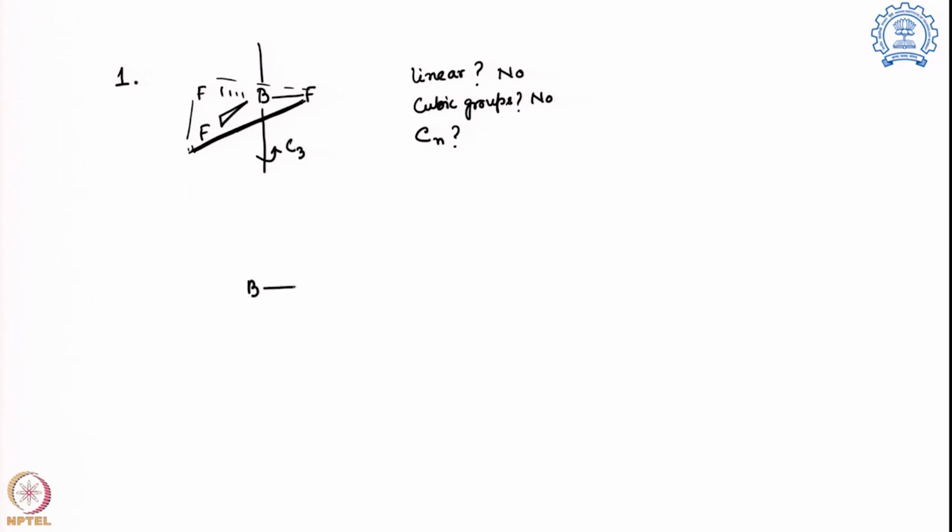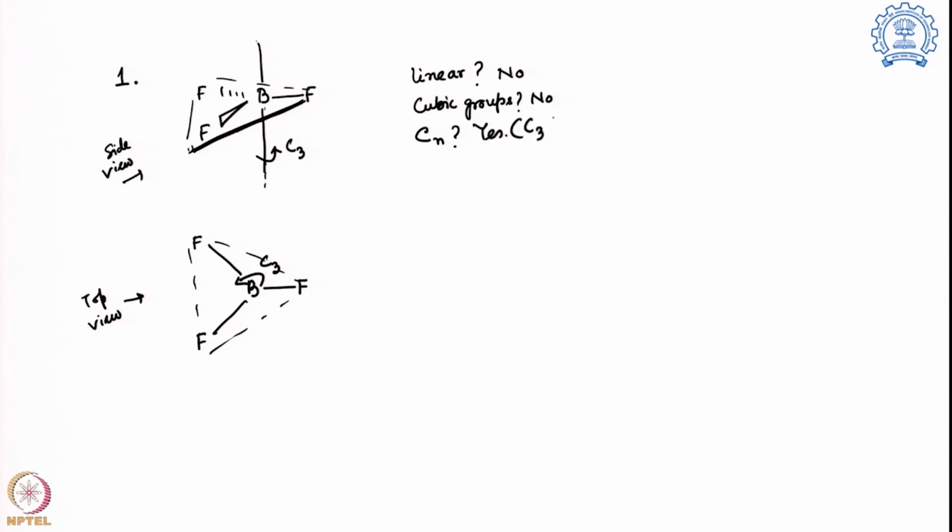So, if I draw this molecule, this is the side view and this is the top view of the molecule, and you can see over here through this boron, if I rotate 120 degree, I am going to get an indistinguishable and superimposable structure. So, that means there is a C3 present over there, which is drawn over here in this particular side view molecule. So, the answer is yes, and it has a C3.